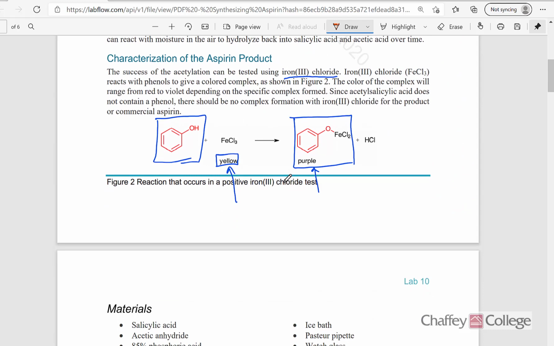So that's how iron 3 chloride solution helps us to identify if the reaction is 100% complete or not. Ideally, if our reaction is 100% complete, the color does not change. So we would like our sample to not show any color change or purple color, because purple color means that the reaction was not complete and we still have some unreacted compound.